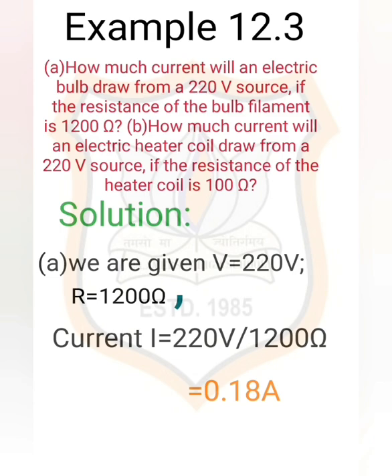So let us start. The first part, we are given voltage V is equal to 220 volts while resistance is 1200 ohms, and we have the equation V is equal to IR, or I is equal to V upon R. That is I is equal to 220 upon 1200, which is 0.18 ampere.